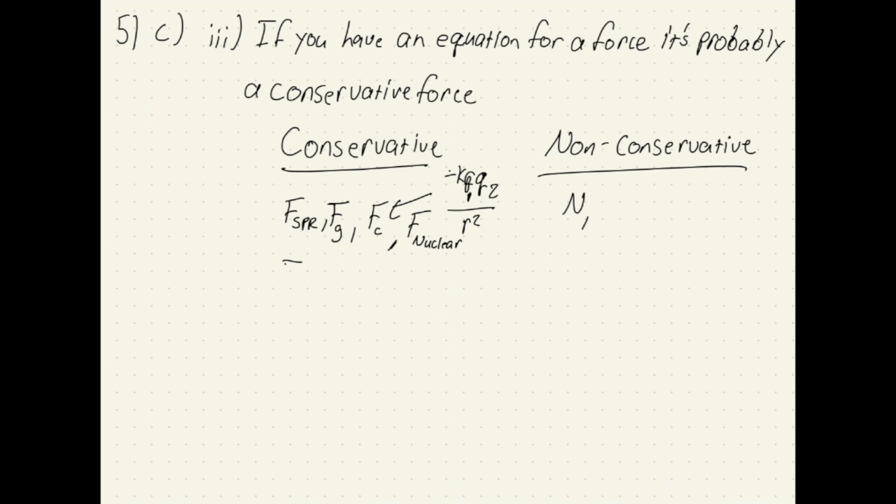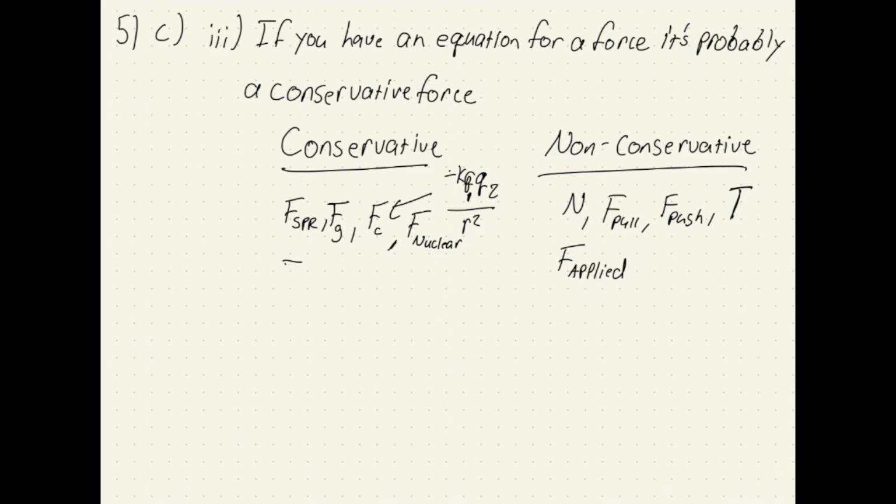We have to use Newton's second law or Newton's first law to relate normal force to gravity, in some cosine or sine or something. Another thing like a pull force, a push force, a tension force, an applied force, all these forces are not conservative forces because we don't have an equation to describe them.